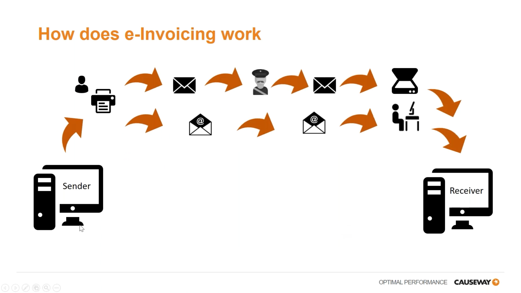Traditionally, that would go into an accounts system that would then get printed out or produced as a PDF, perhaps emailed, or alternatively sent in the post, and then received on the other side, scanned, perhaps with a process around that, or rekeyed in, and then ending up in another accounts system.